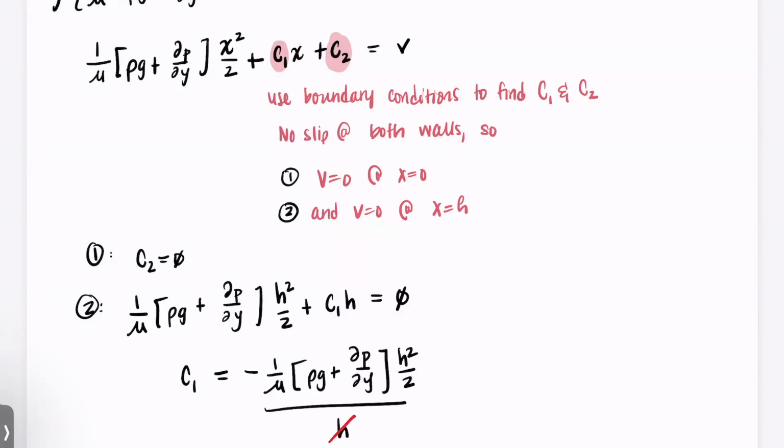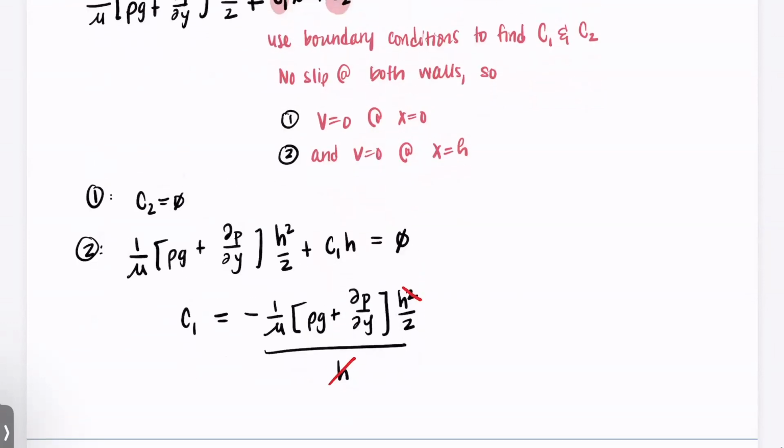All right, so I'm going to just get rid of one h from the numerator and one from the denominator. So this is equal to 1 over 2 mu, rho g plus partial p partial y, h.